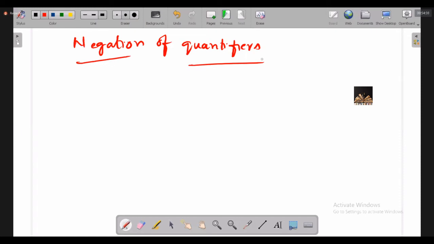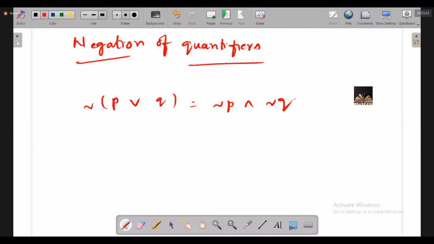Here, the negation of p or q: what is it? Negation p and negation q. Here, negation with the quantifiers is different.